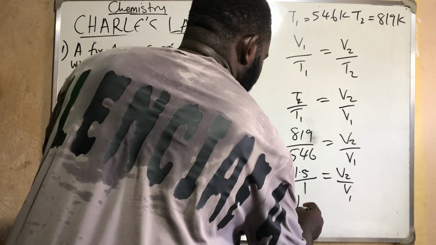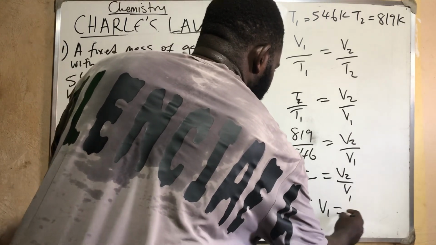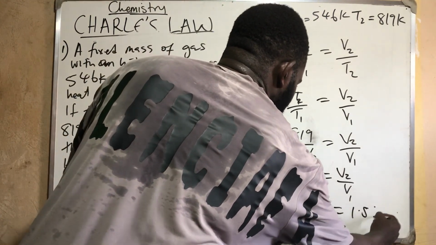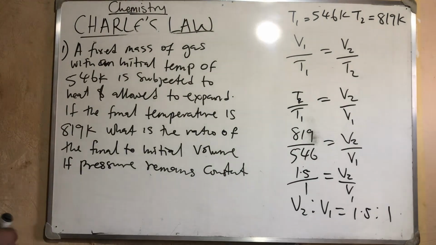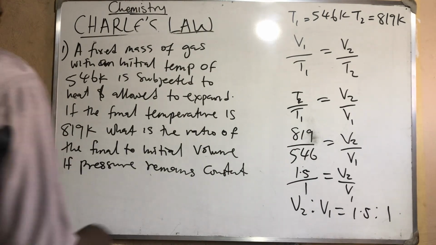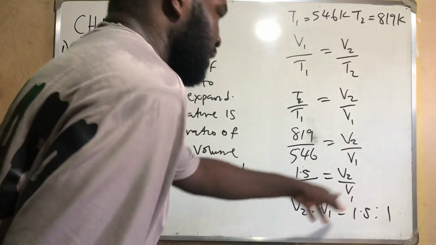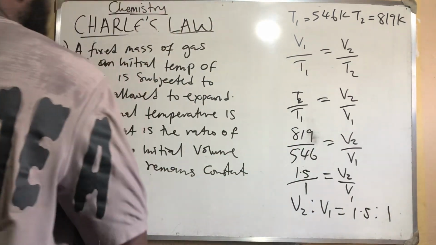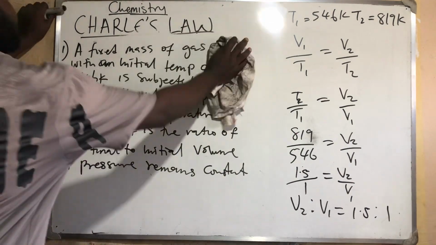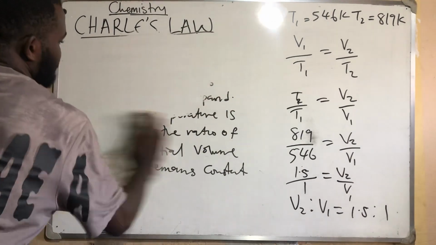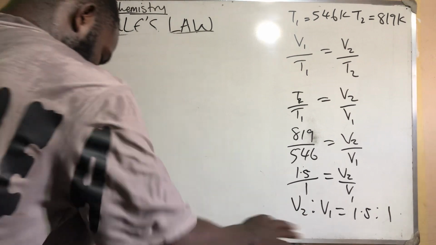So therefore V2 is to V1 is equal to 1.5 is to 1. So that is the ratio between the final to the initial. But if it's the ratio between the initial to the final, it will not be 1 is to 1.5. All right, so the next question.